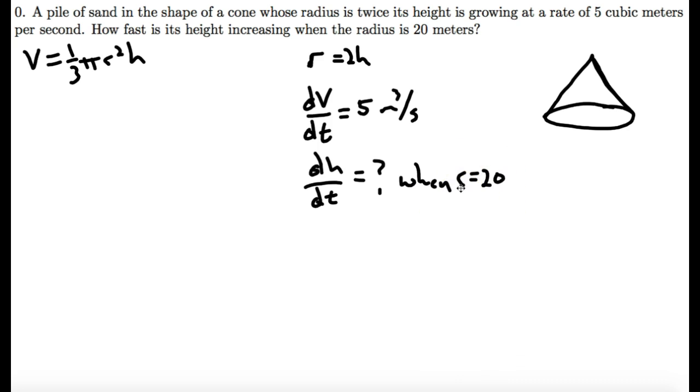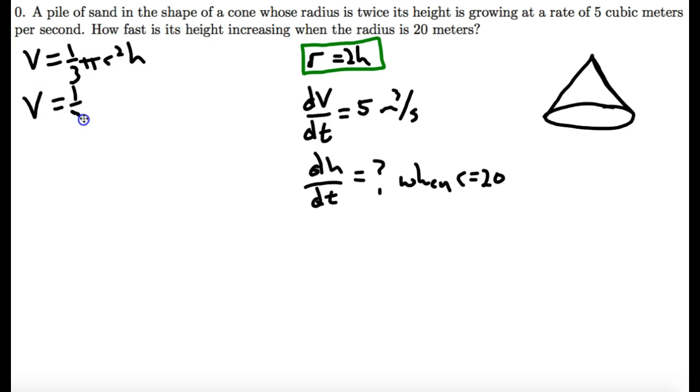That means we still want our original function to be in terms of h. We don't even have to set up a similar triangle. We're just given this key piece of information: the radius is twice the height. So what I want to do is plug this into my volume formula.